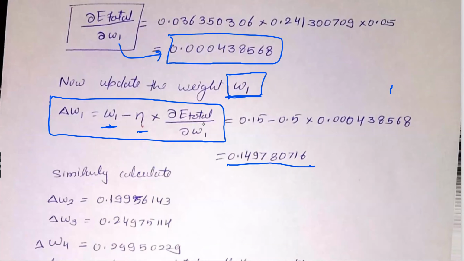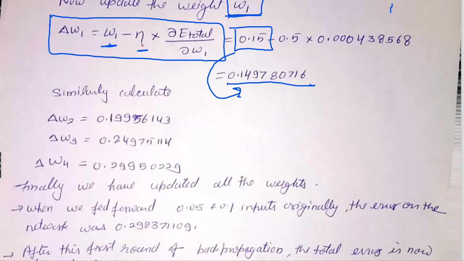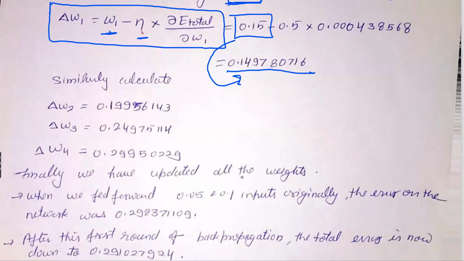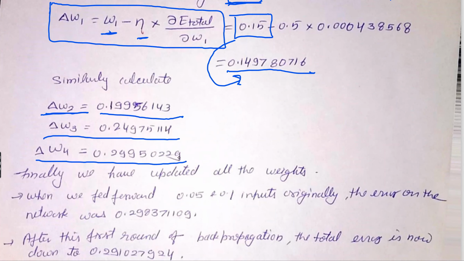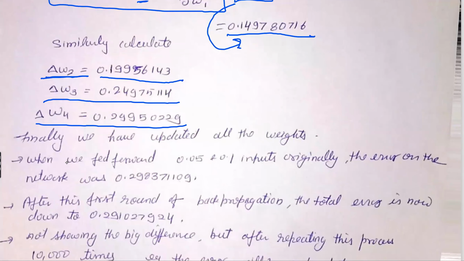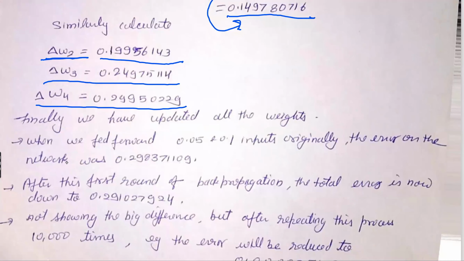Earlier the value of weight W1 was 0.15, and now the updated value is this. In the similar way, we follow the same process and calculate the updated value of W2, which I have already calculated. You can try W3 and W4 yourself. Finally we get all the updated weight values for all the weights from W1 to W8.